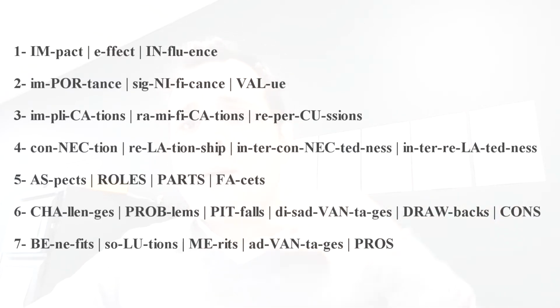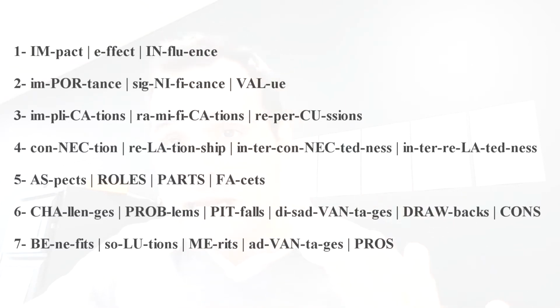What about the word implications? Okay, avoid using the word implications many times. Instead, use the word ramifications or repercussions. Okay? How about the word connection? I can talk about the relationship.